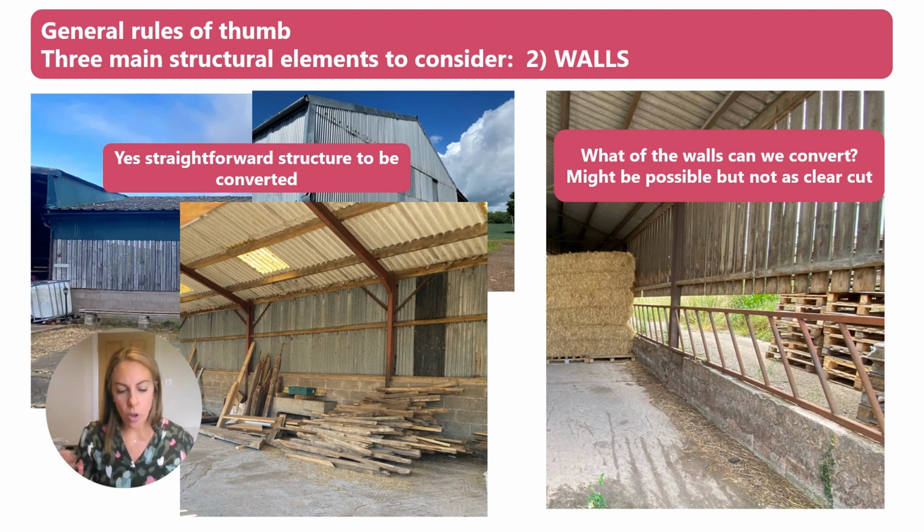Now, in terms of quantity, we ideally would like over 50% of the building enclosed. If you have one short or one long side open, that's generally okay. We can cover that off. Sometimes even two sides, but in an ideal world, we'd want to see at least two, if not three sides enclosed.